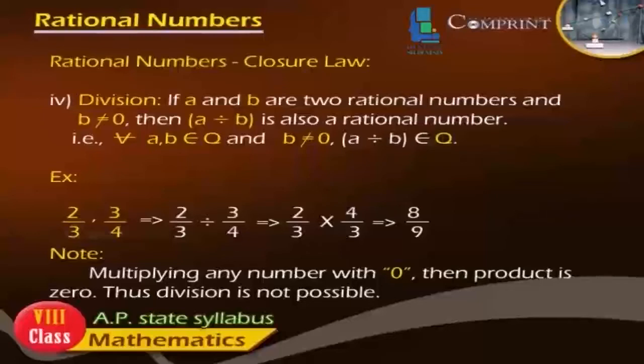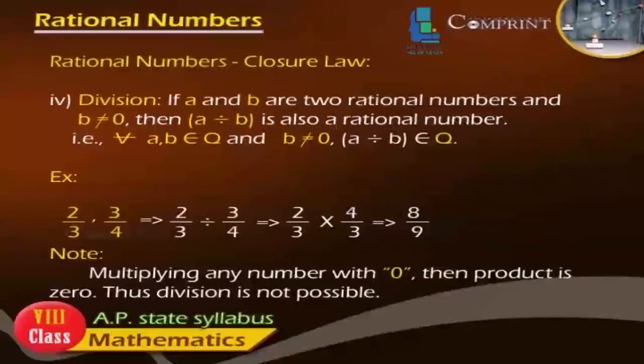That is, for all a, b belongs to capital Q and b not equal to 0, a divided by b belongs to capital Q. Example, 2 by 3, 3 by 4 implies 2 by 3 divided by 3 by 4 implies 2 by 3 into 4 by 3 implies 8 by 9. Here 2 by 3, 3 by 4 and 8 by 9 are rational numbers.